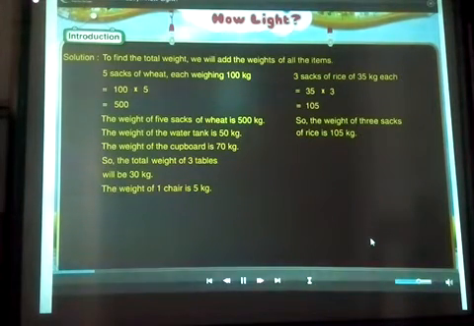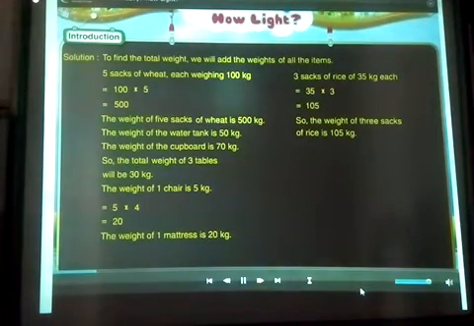Therefore, the weight of 4 chairs will be 5 into 4, that is equal to 20 kg. The weight of 1 mattress is 20 kg. So the weight of 2 mattresses will be 20 into 2, that is equal to 40 kg.